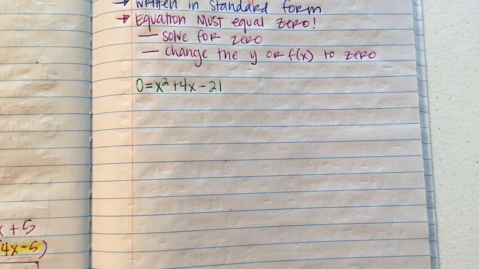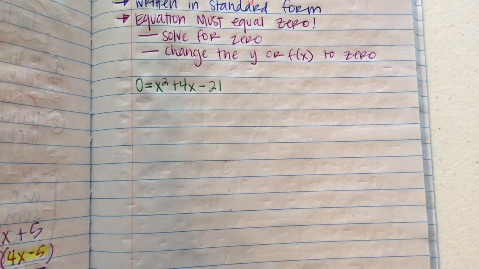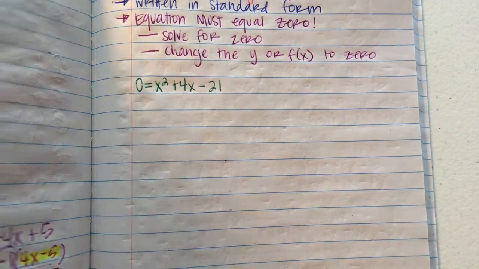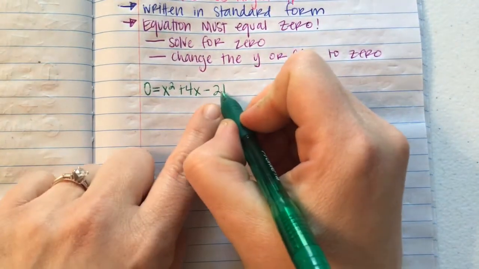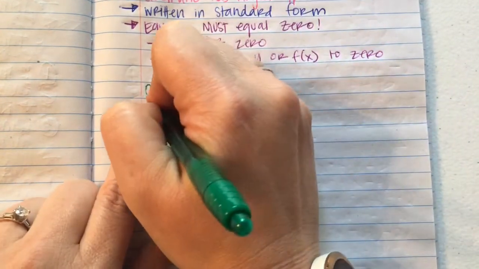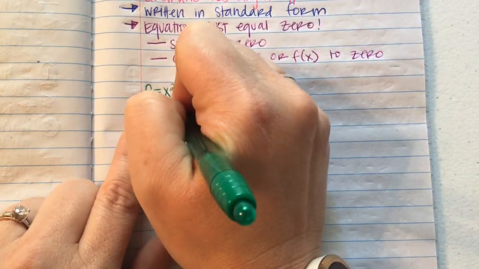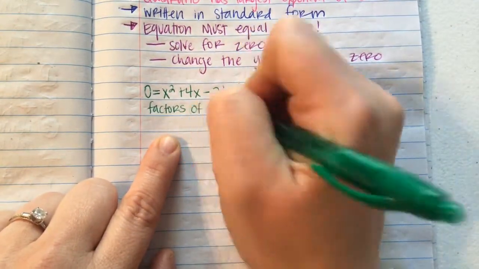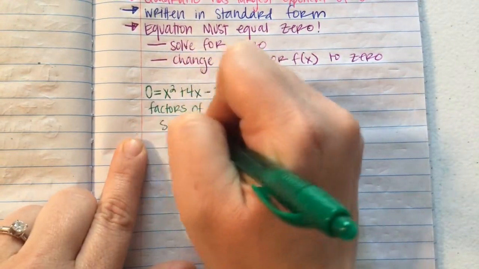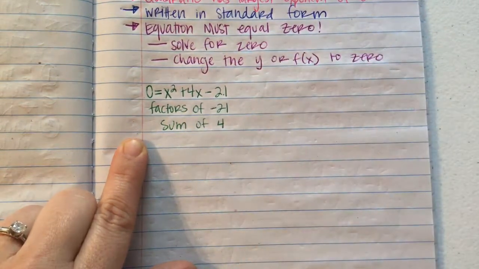So again, I have this problem where I am looking for factors of negative 21, because there's a leading coefficient of 1, that have a sum of 4.